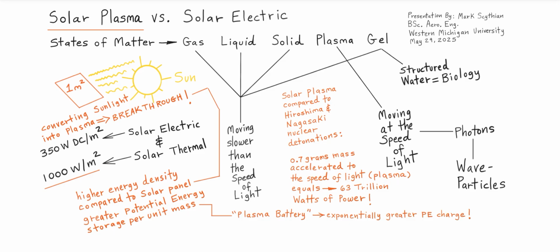And another breakthrough would be converting electricity into plasma. That's another application. And if so, then you could use your electrical power instead of the sun to charge a plasma battery.